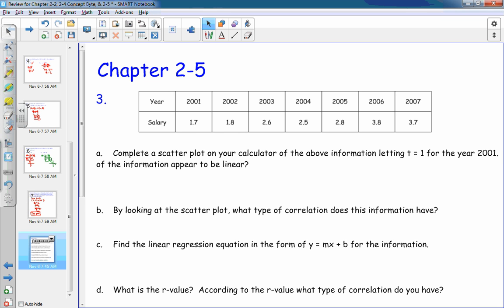If you look at number 3 in your worksheet, this is talking about a salary problem for what? Baseball players, right?